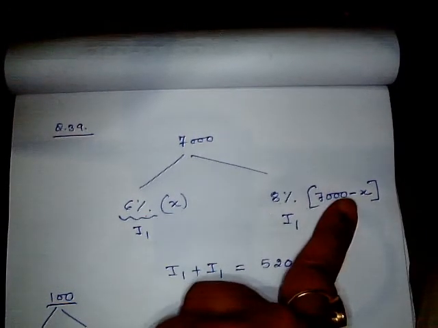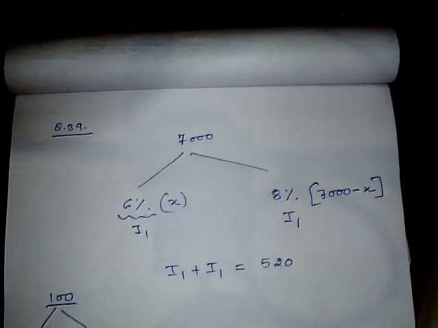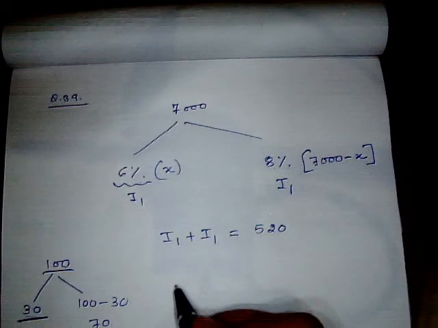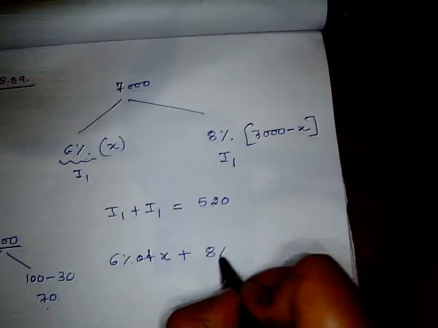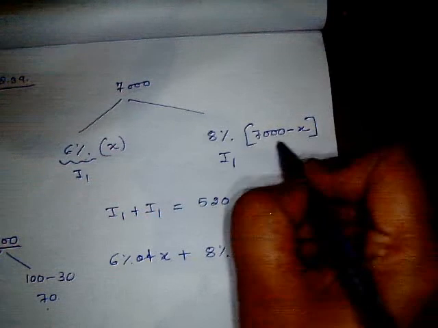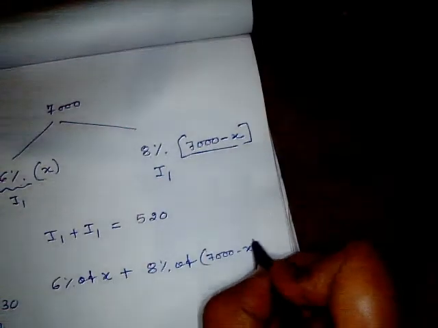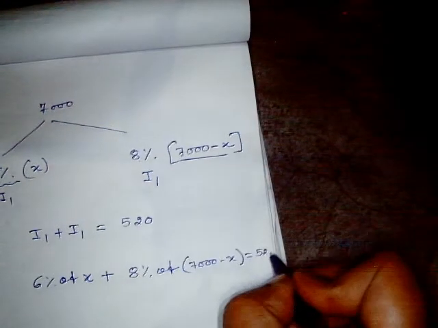Now I am going to write the interest. 6% of x plus 8% of 7,000 minus x is equal to 520. The sum of the interest from both parts collected is 520.